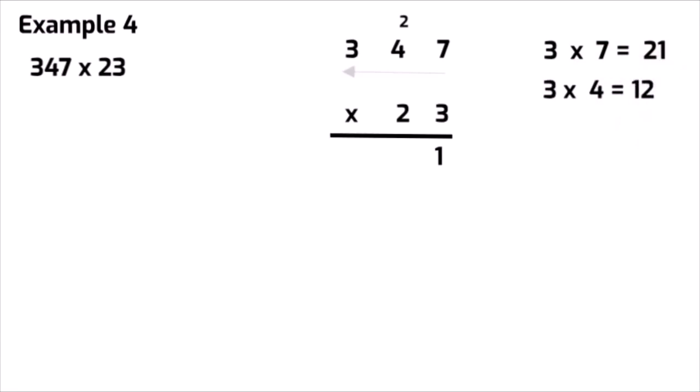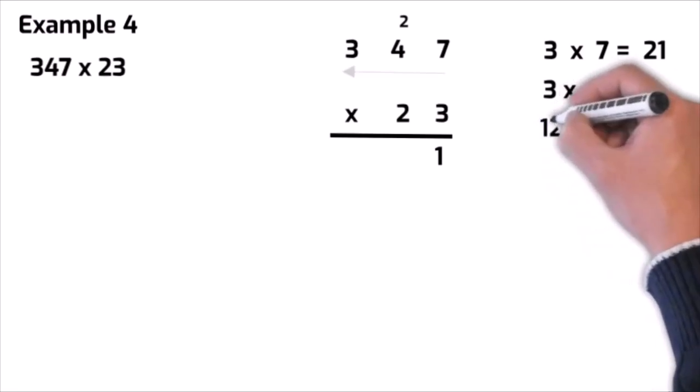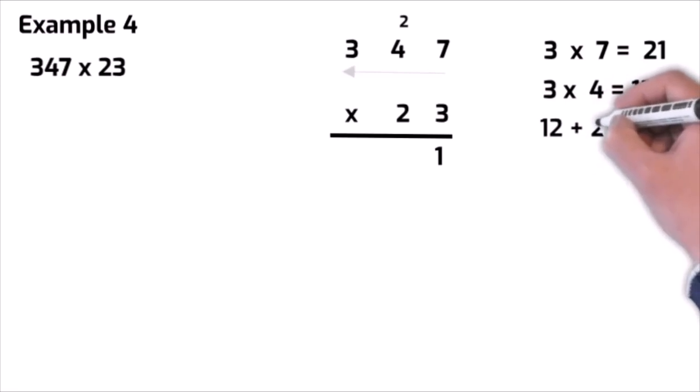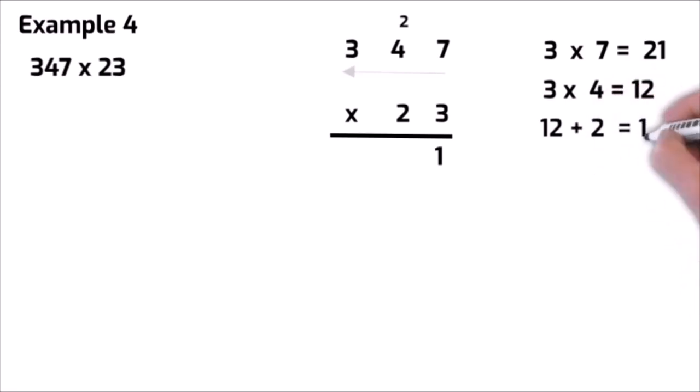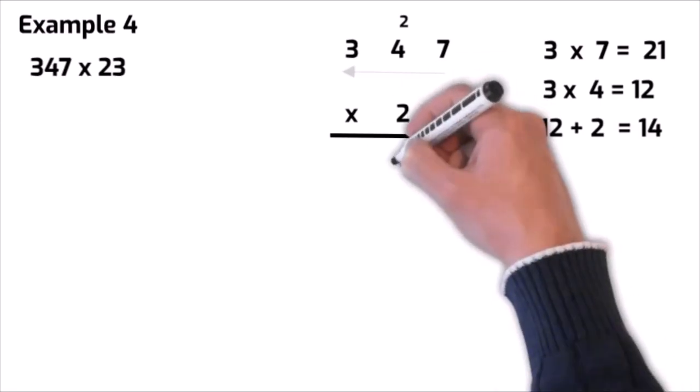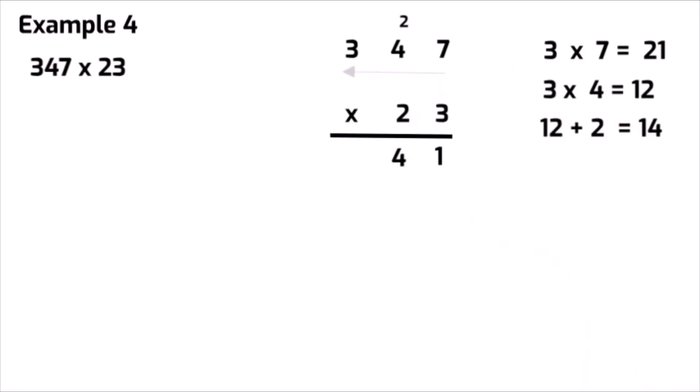But remember, we carried 2 over, so we add 2 to 12. 12 plus 2 is equal to 14. Again, we write down 4 and carry 1 over. Then we cancel the 2 we brought over previously in order to avoid mistakes.